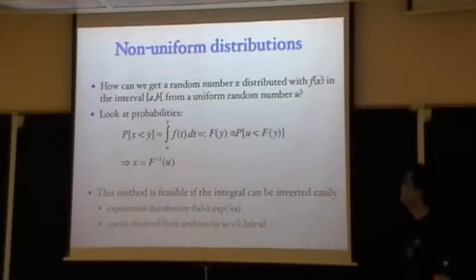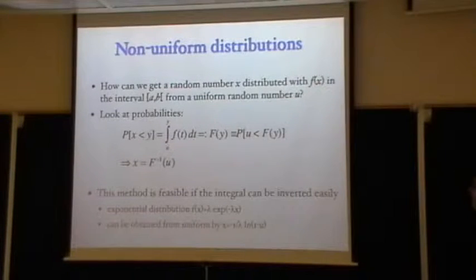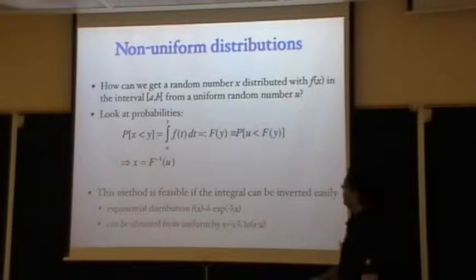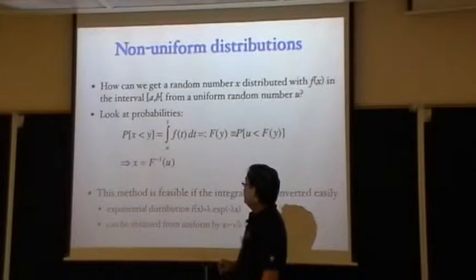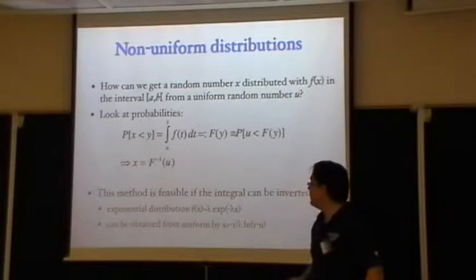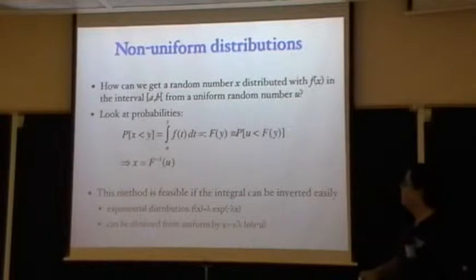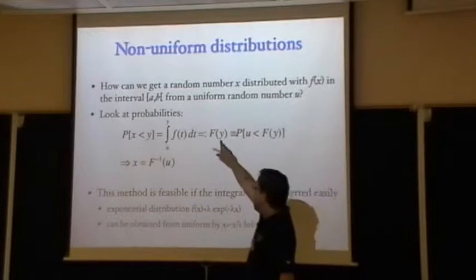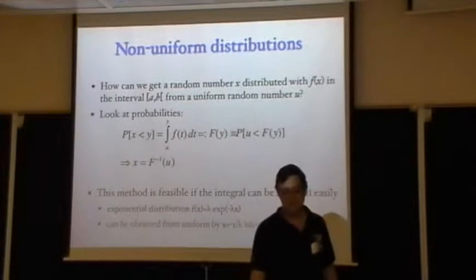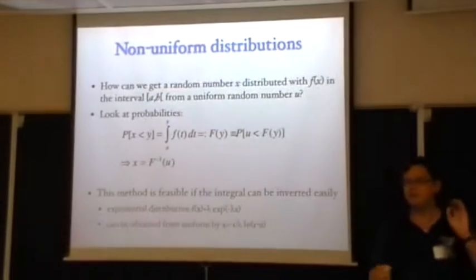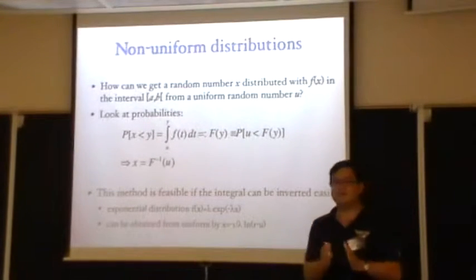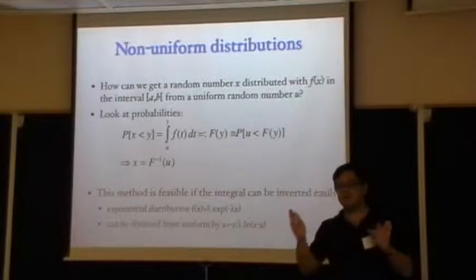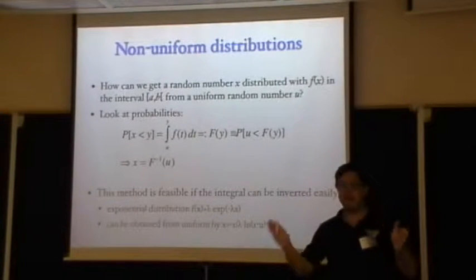Right? And similarly, that is also the probability for a uniform number to be less than that integral. The probability for a uniform number in the interval from 0 to 1 to be less than 0.8 is just 0.8.